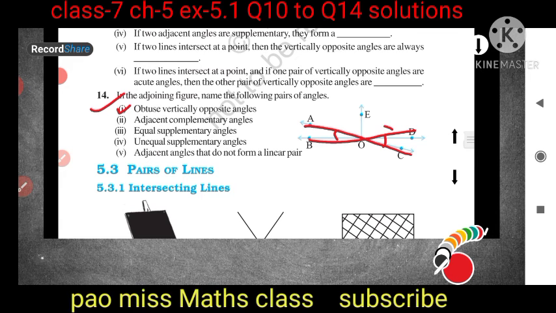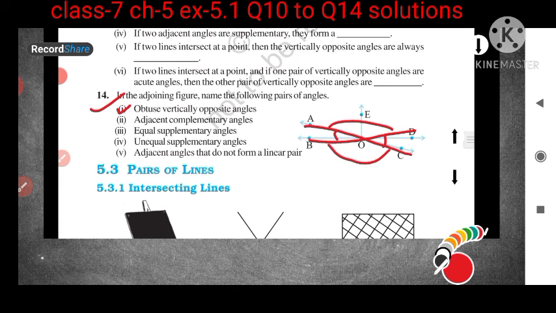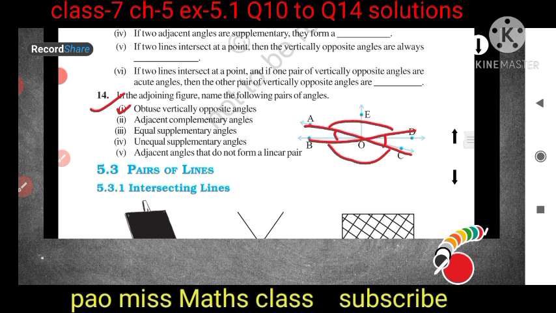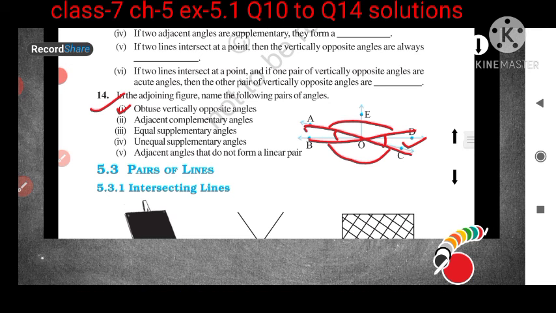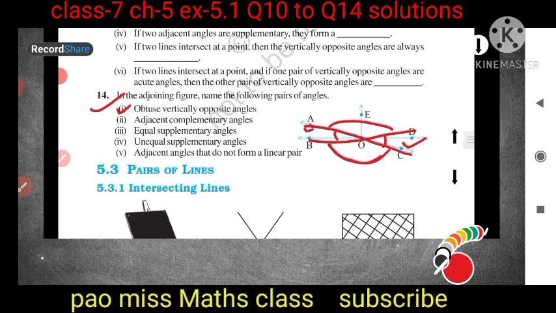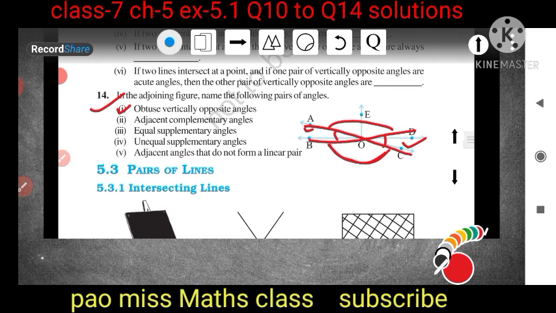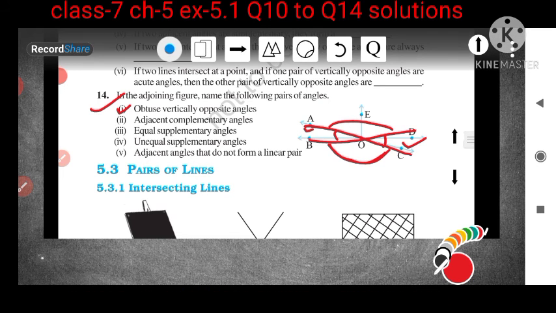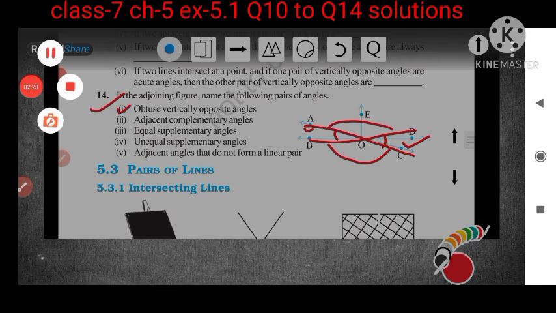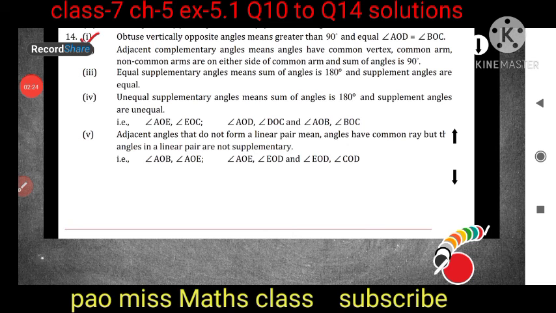So these angles are vertically opposite angles, and this whole angle and this whole angle are vertically opposite angles. Now which will be obtuse and which will be acute? Acute means less than 90 degrees. Then this small angle will be acute, isn't it? So this bigger one will be what? Obtuse angle. So which will be the answer for 1?